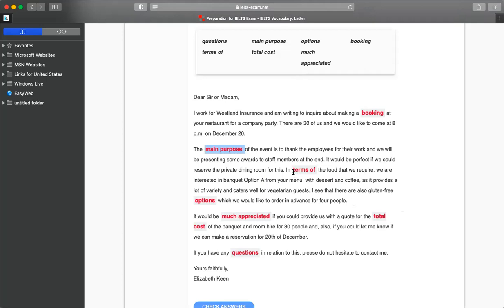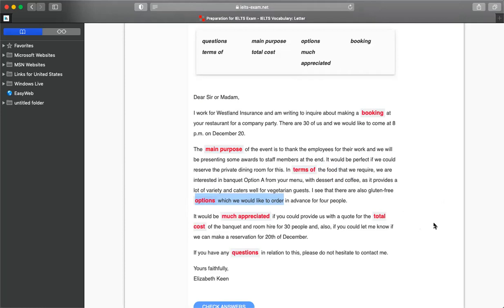In terms of the food, these are good expressions to start your sentences in letter writing, for example, or options which we would like to order. I'm trying to show you these phrases because these phrases are complex.